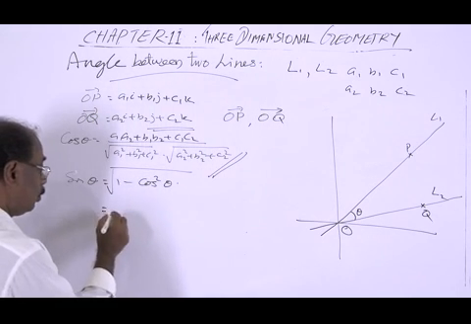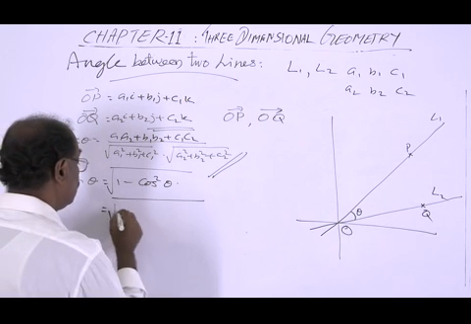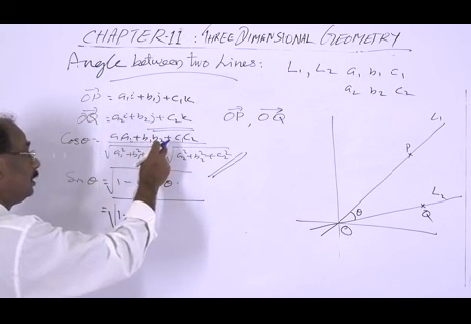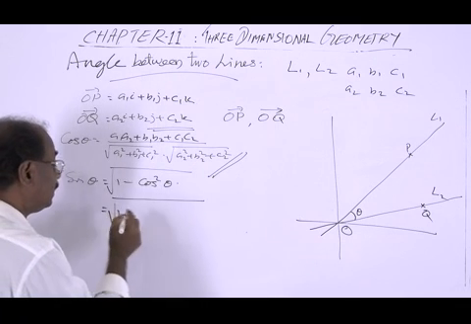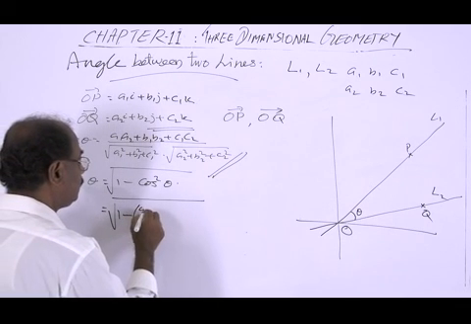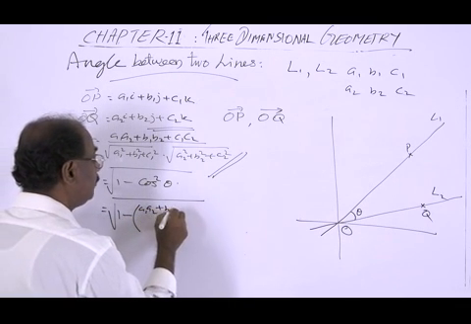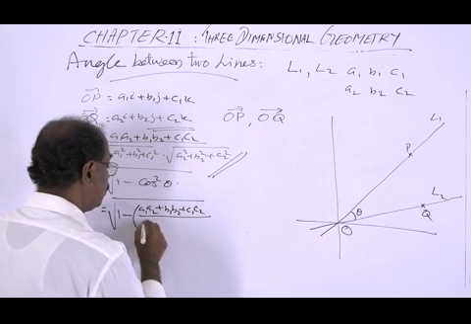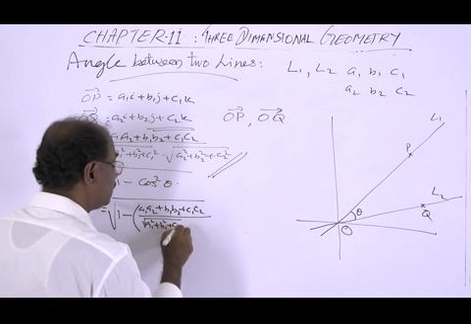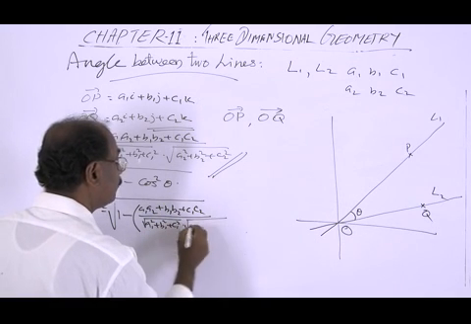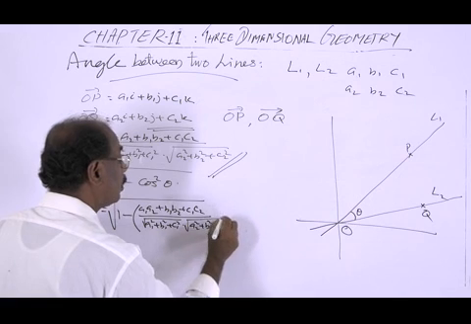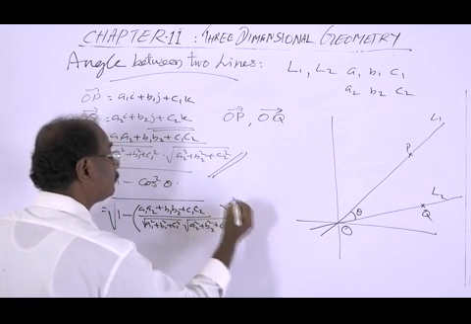This is again equal to root of 1 minus, substituting for cos theta from above, A1 A2 plus B1 B2 plus C1 C2 divided by root of A1 squared plus B1 squared plus C1 squared into root of A2 squared plus B2 squared plus C2 squared, whole squared.